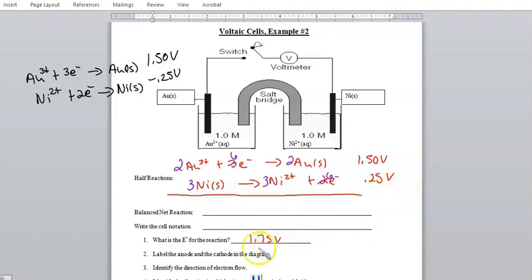Okay, so now can you see that your electrons are going to cancel out? If they don't, you've messed up. Okay, and now I'm going to write them.